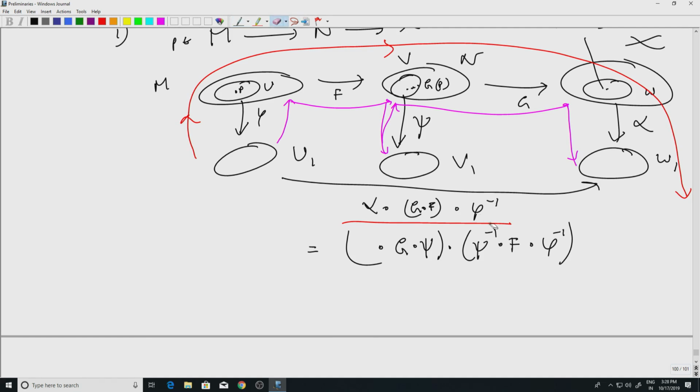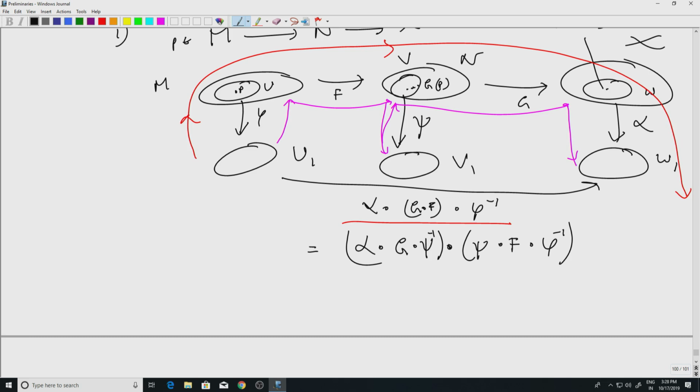Start with phi inverse, then go via F, and then go via C. For the next one, I start with C inverse, go via G, and then come via alpha. So this is essentially the idea.